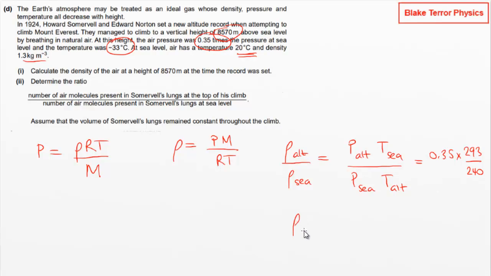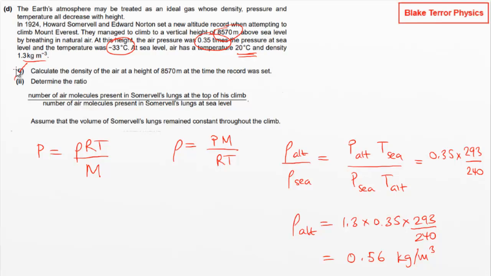So the density at altitude is going to be, what was the density at sea level? 1.3 times 0.35 times 293 divided by 240, which is equal to, putting it all in the calculator, 0.555479, so 0.56 kilograms per meter cubed.